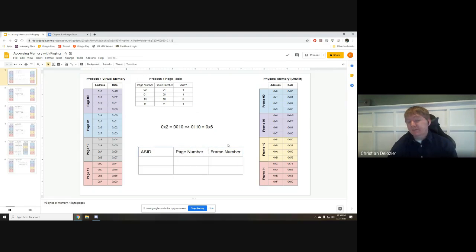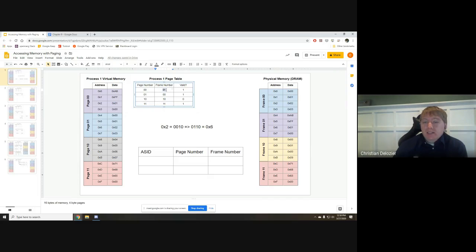Normally, when we do this, what has to happen is we say, I want to access address 0x2. When we do that load from 0x2 or that store to 0x2, the hardware says, okay, I don't actually know where that address is in physical memory. And so it has to do this lookup in the page table to find the page number and translate that to a frame number.